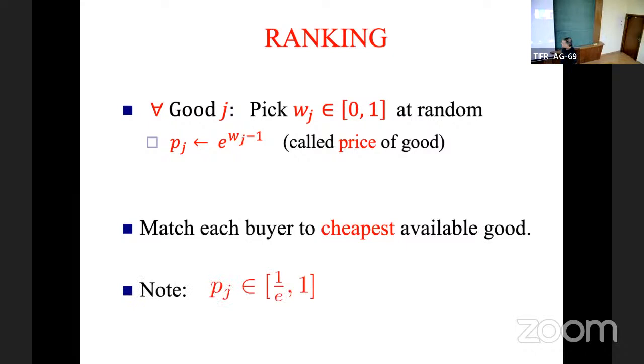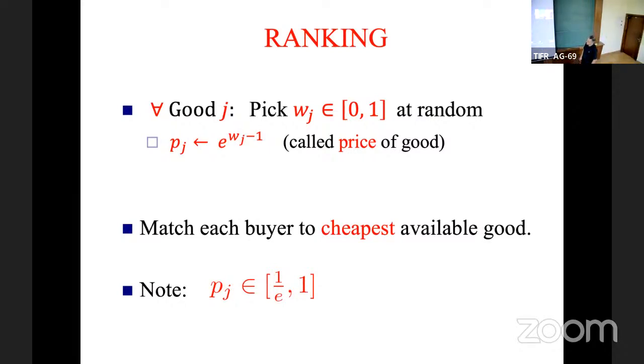So these prices range between 1 over e and 1, because when w_j is 0, you get 1, and when w_j is 1, you get 1 over e, right? So that's where the prices range from. But w_j is random, and this is, by the way, the best way of picking p_j to get the best factor. This has been proven, not very difficult.